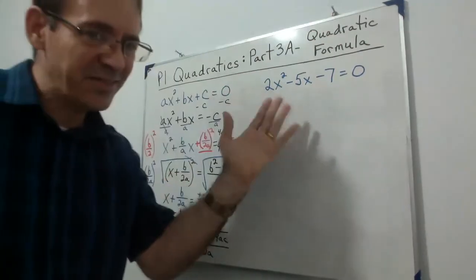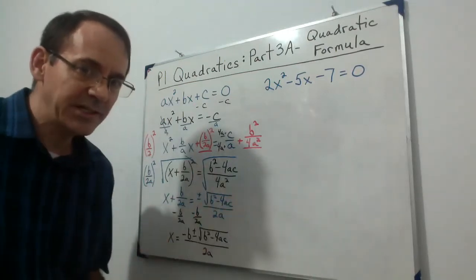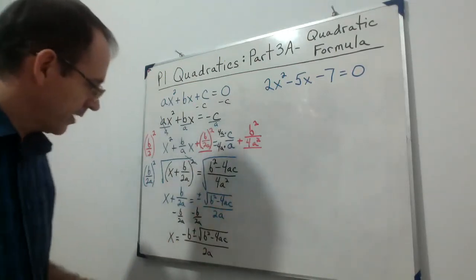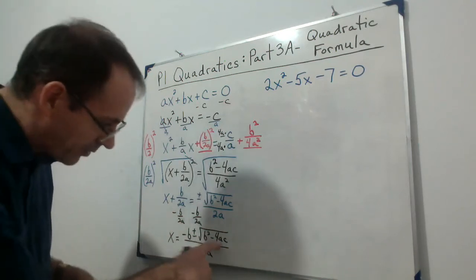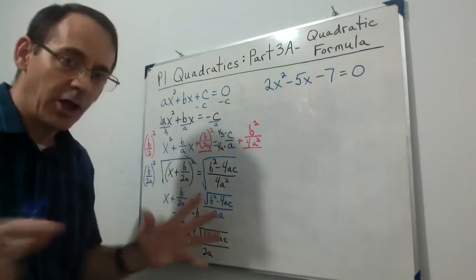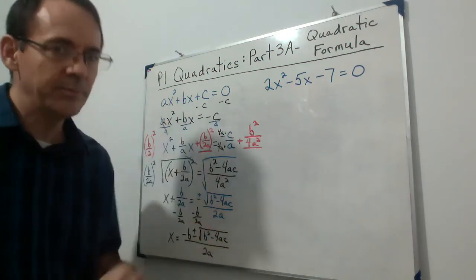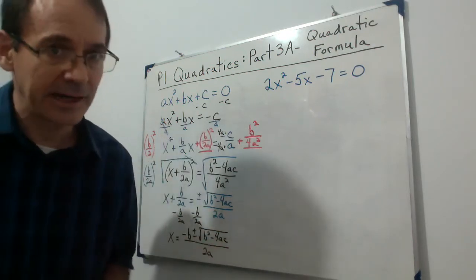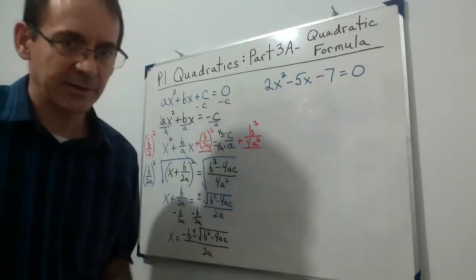It's really not that difficult, but here's the thing. Out of your 6 operations, all 6 are here. You have add, you have subtract, you have multiply, you have divide, you have radicals, and you have exponents. All 6 operations are in one formula, and if you don't do them in the right order, you're going to get the wrong answer. So you need to be careful with the practical application.